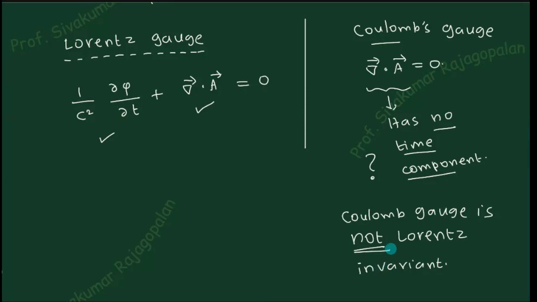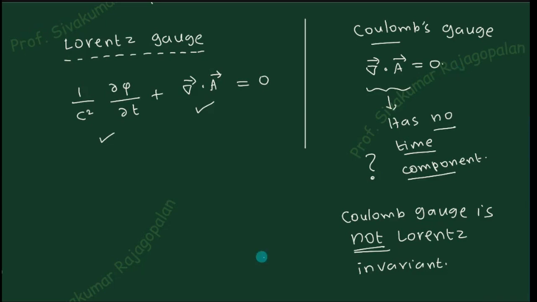If you perform a Lorentz transformation, what is the meaning of that? Physically speaking, I am moving from one frame of reference to another. Mathematically we say that we are performing the Lorentz transformation. And when we do that, the Coulomb gauge condition will be affected. Not invariant means the Coulomb gauge condition will be affected. One person's divergence of A equal to 0 will not be divergence of A equal to 0 for another person.